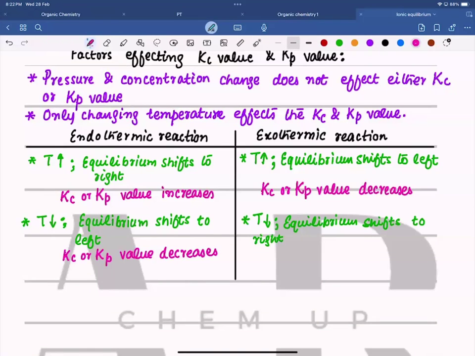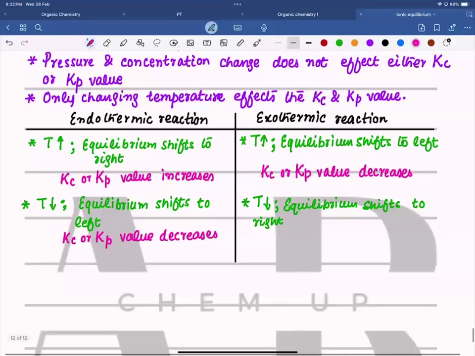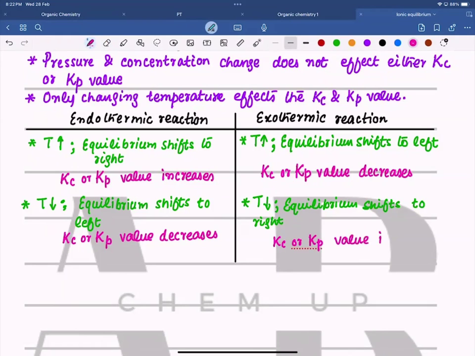And if equilibrium shifts to right, more product will form and the product is in the numerator. So hence the Kc or Kp value increases. Is this clear to all of you?